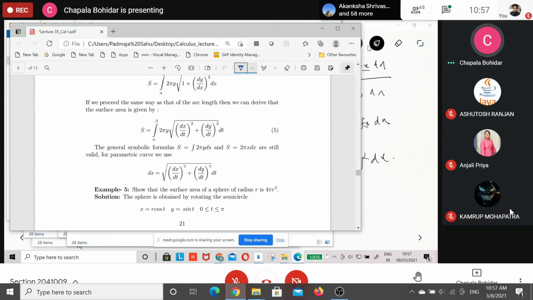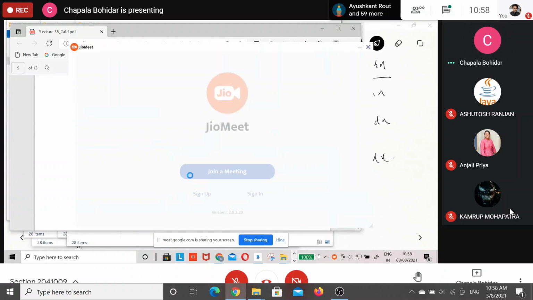For rotation about the y-axis, it is 2 pi x, and ds is the same. So ds is the same for both cases; only for rotation about the x-axis you write the circumference 2 pi y, and for rotation about the y-axis you write 2 pi x.